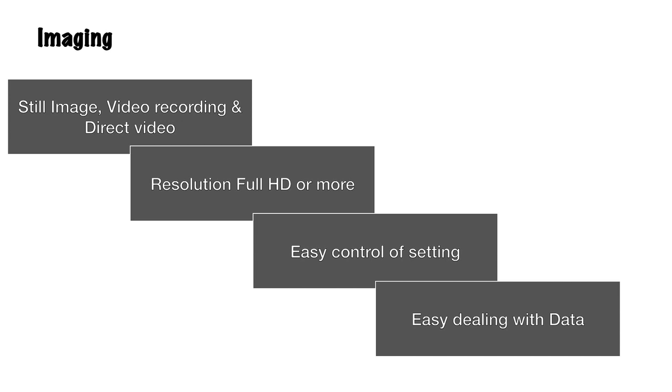Also, I don't prefer 4K video recording. Full HD is quite enough, but not less than full HD. They should also have easy control for the settings and easy dealing with the data, because, as you remember from the previous slide, dealing with data on a mobile phone is not easy, since you must remove data because your storage is limited.